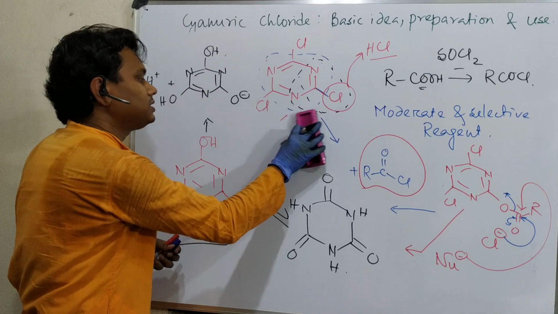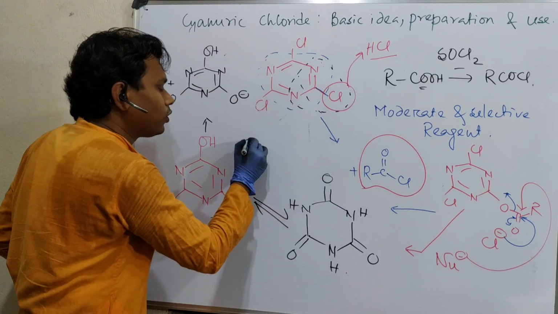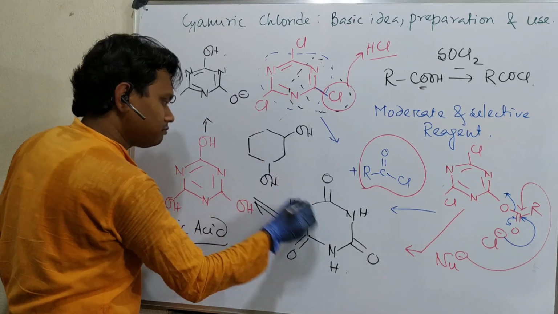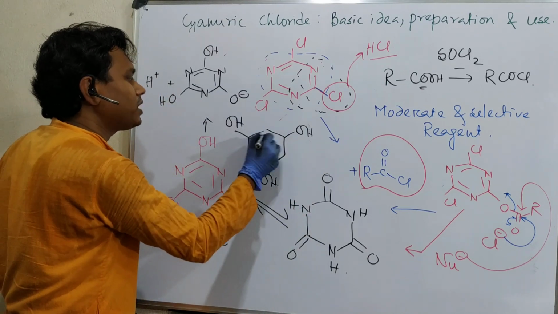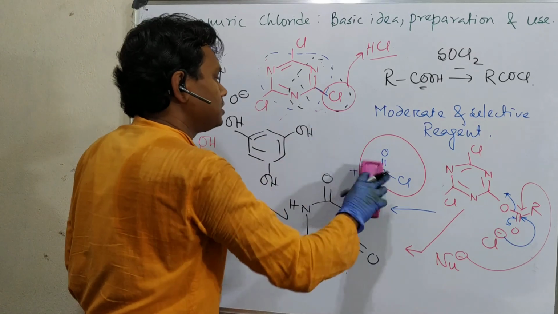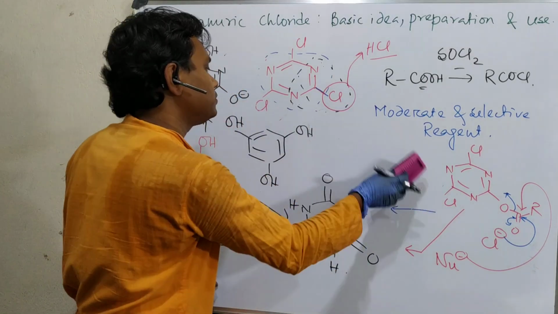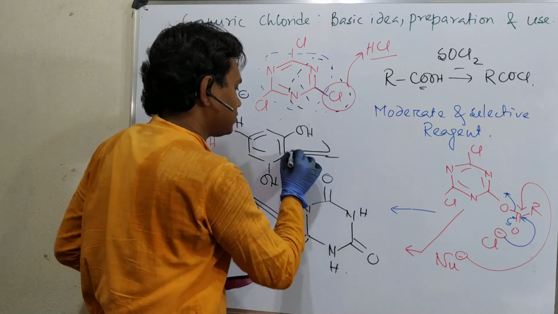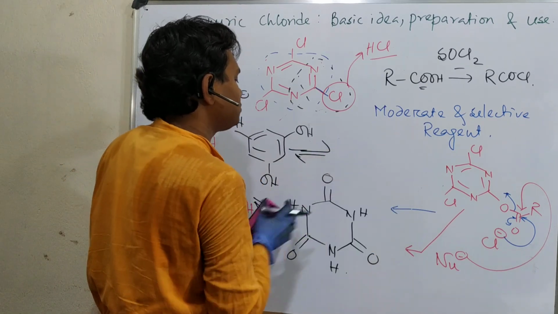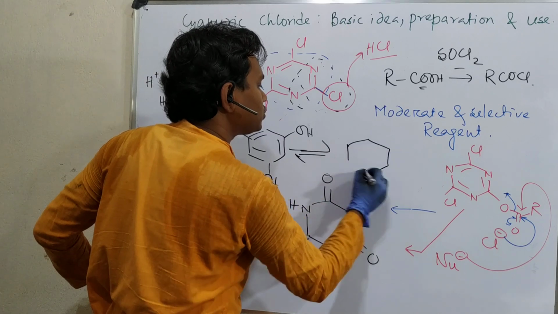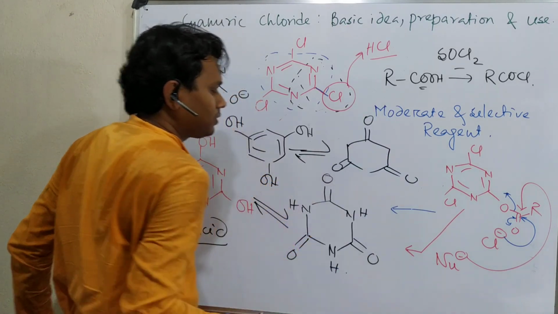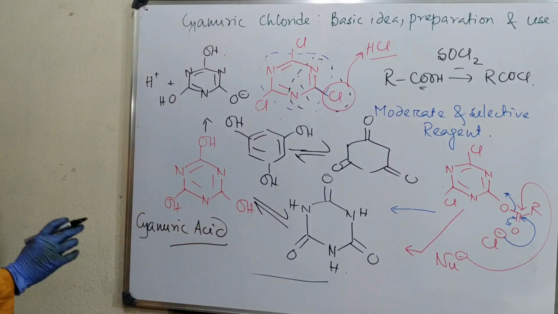You can compare this chemistry with phloroglucinol. You have heard, it is a mnemonic device. In this way you can remember the story. If you react this phloroglucinol, the equilibrium prefers to remain in the keto form. Similarly, this is also possible. So this type of all things are possible.